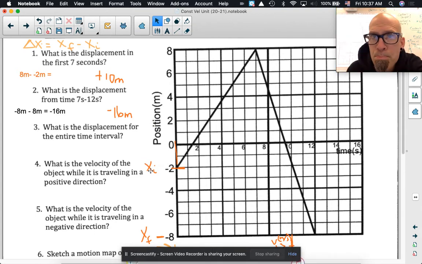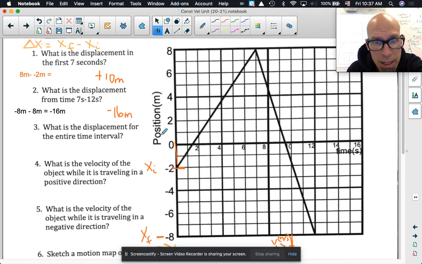Right there, negative 2 meters. That was where we were at time 0. Where were we at the end, at 12 seconds? Negative 8 meters, that is our final position. We went from an initial position of -2 meters to a final position of -8 meters. So we went from here to here.